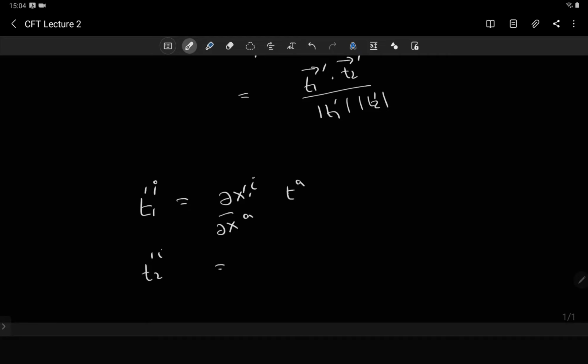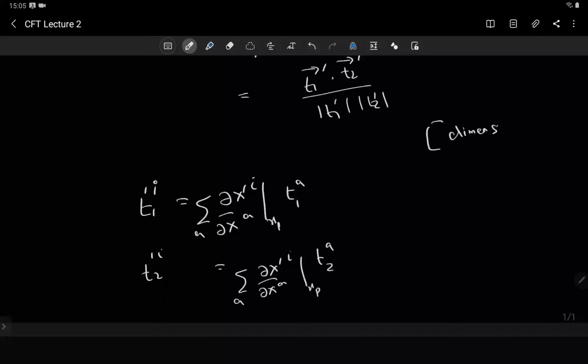And this del x prime is evaluated at xp, because the tangent vectors are at xp. Now here the dimension of the space is not important, so I'll just take it to be d. It is not necessary that it is 3 dimensions, it can be any dimension d.